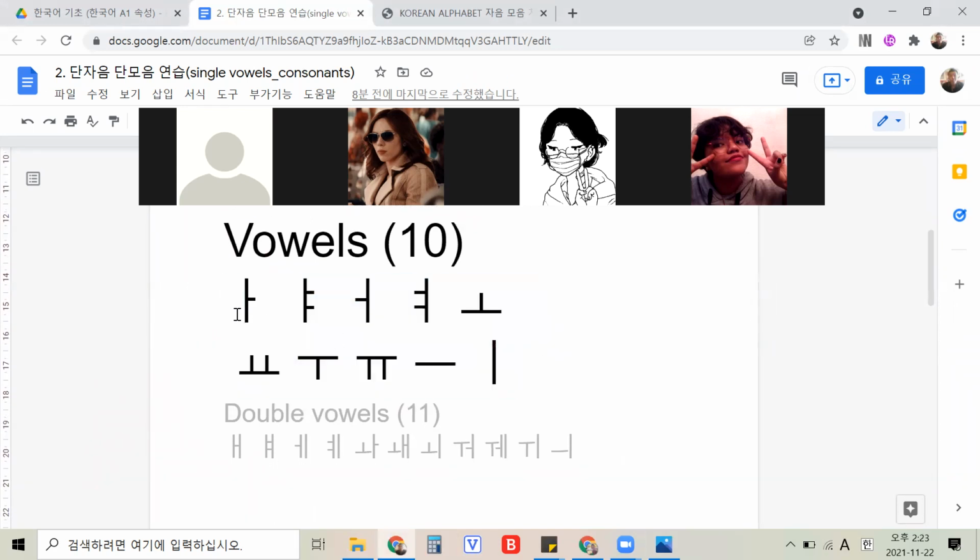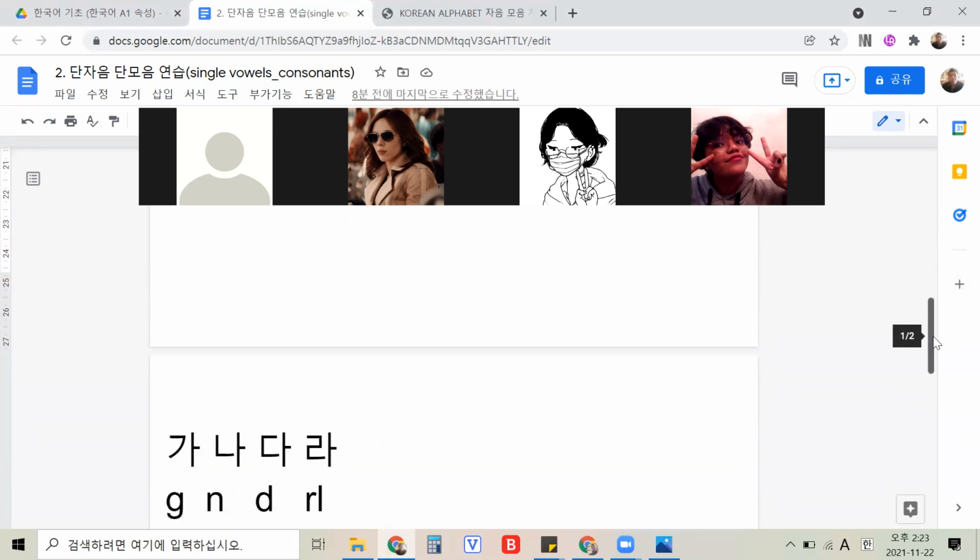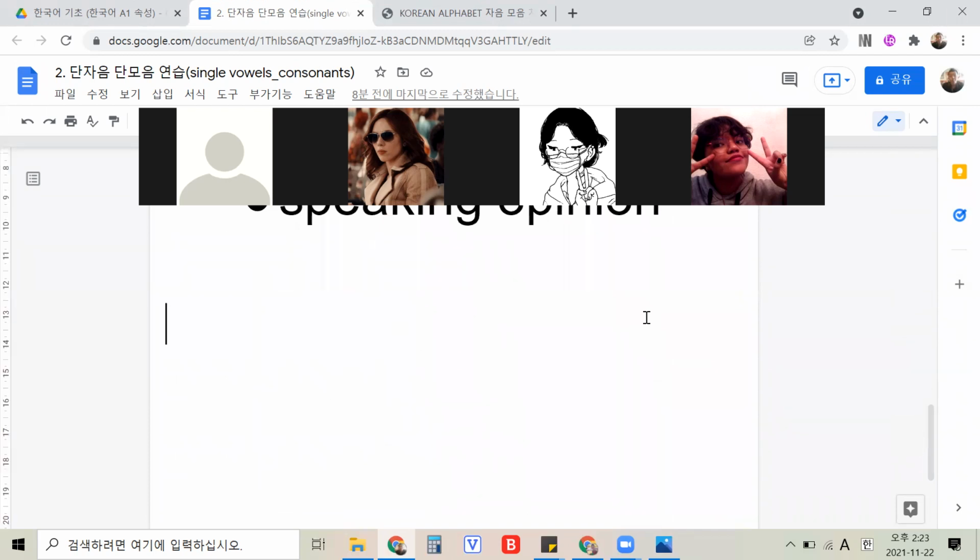Eventually, we're going to learn how to read all those vowels, but now, once you know this circle consonant is the same as the A sound, this will be the A sound, written as A. The rest of the vowels will work the same way.